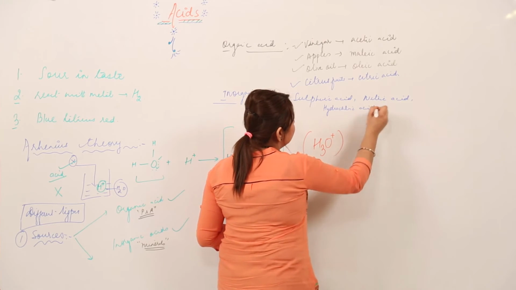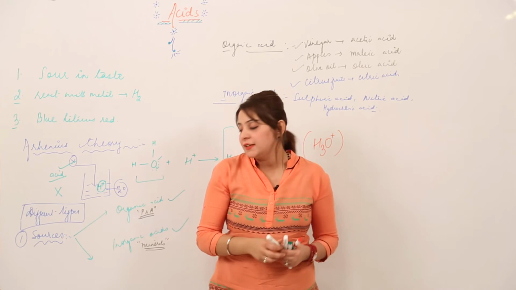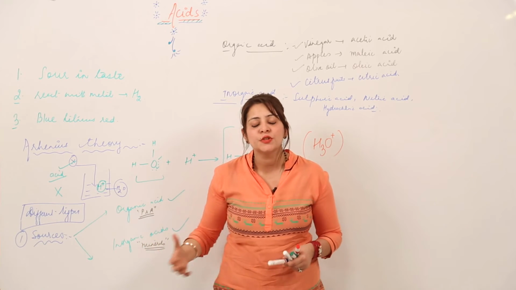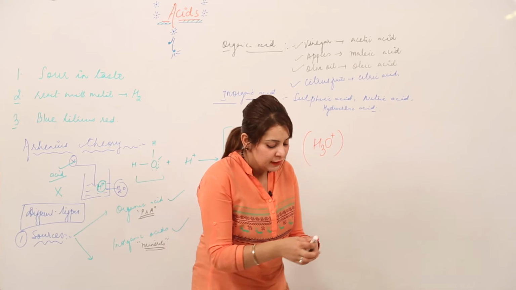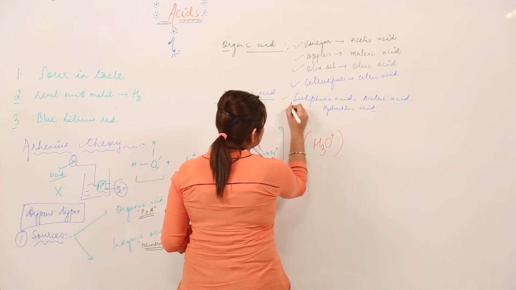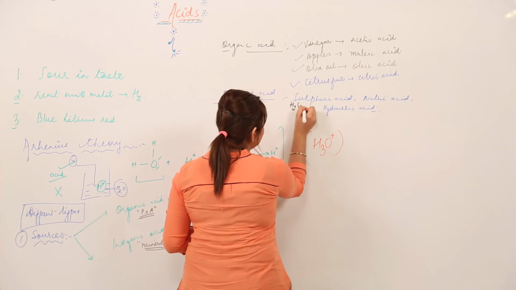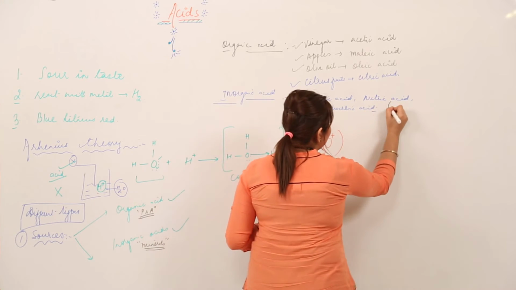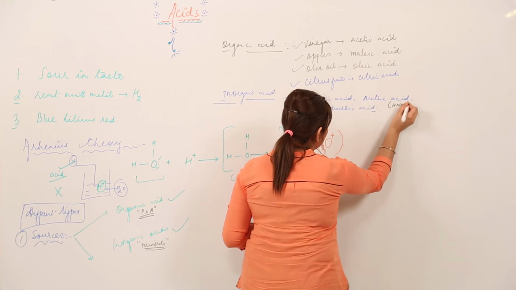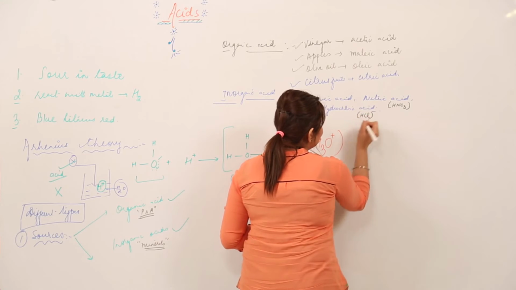These are the important inorganic acids which are obtained from the minerals of the earth. I will write the formulas along. As you must be familiar, sulfuric acid is H2SO4, nitric acid is HNO3, and hydrochloric acid is HCl.